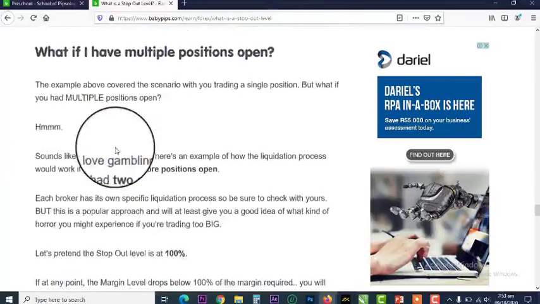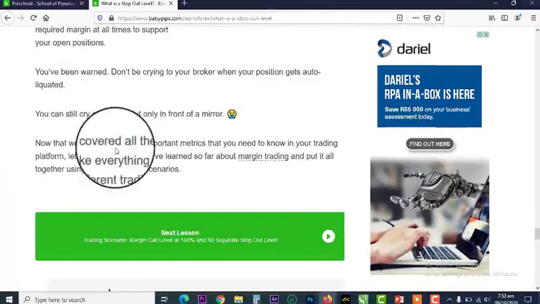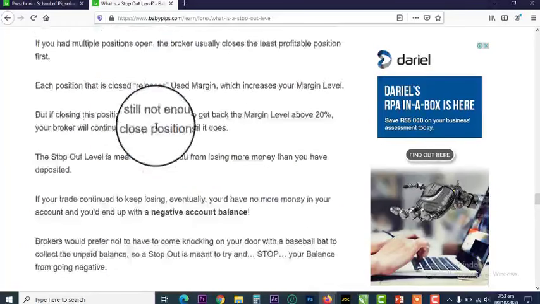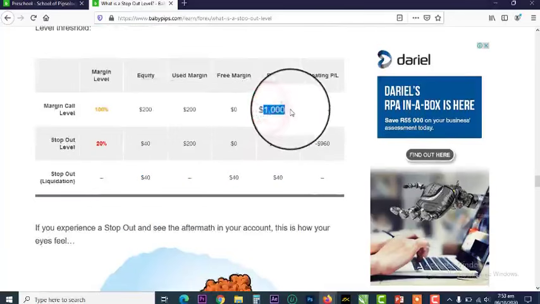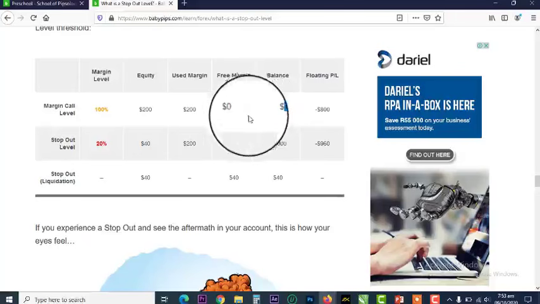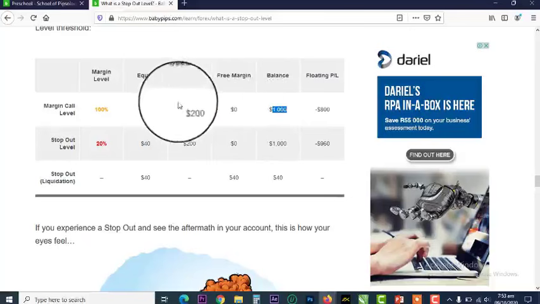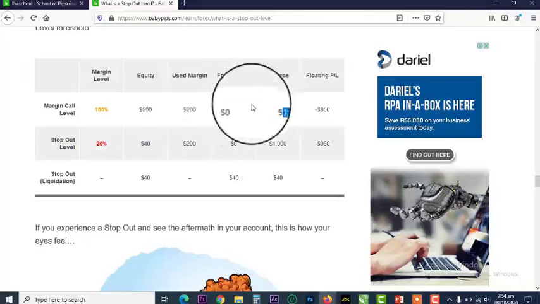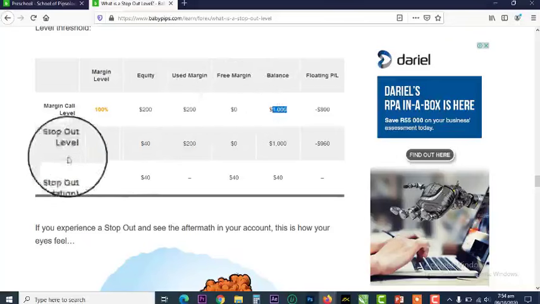So if you have different positions opened while you are trading, you will be closed out on the most highest loss, right? Say you have $1,000 in your account, and you have 5 trades open, and one trade is running at $700 loss, and another trade is running at $50 loss, 20, just like that. The very first trade that is running at $700 loss, that's like you have about 30% left in your margin level, right?